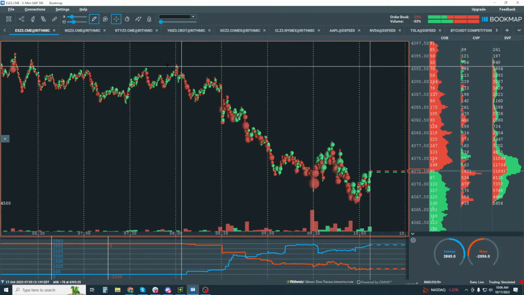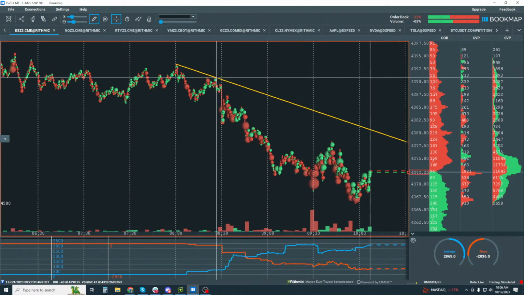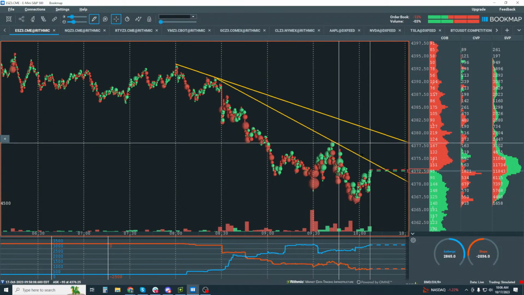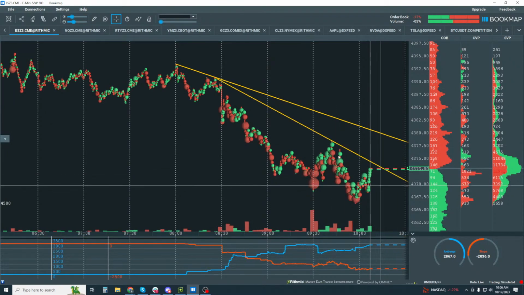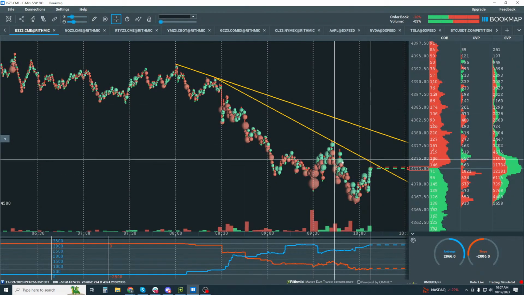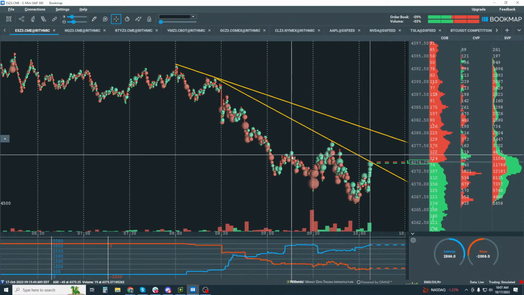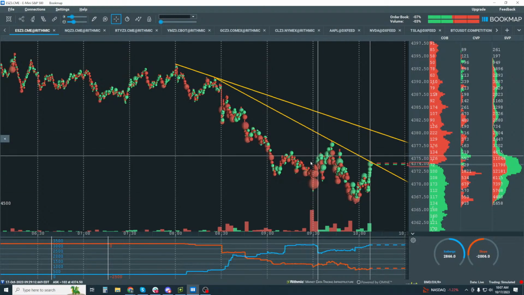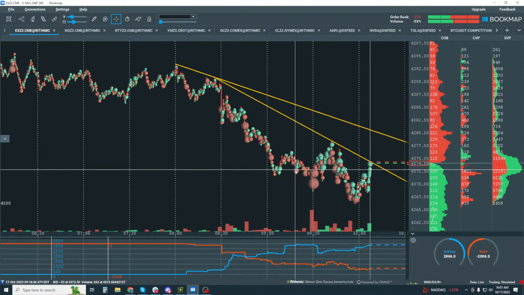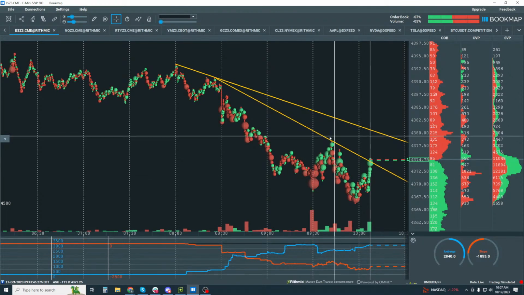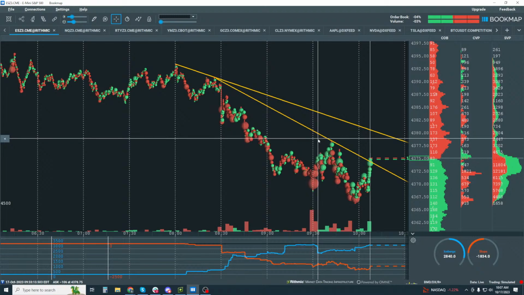Let's just draw a trend line. Here's one here, here's another one here, and we're just about to bump up into it. So we are clearly in a downtrend. Now, what is the condition of the transactions within that downtrend? This gives us insight to the participants and the behavior in here.